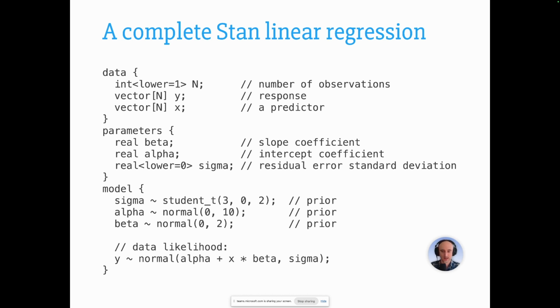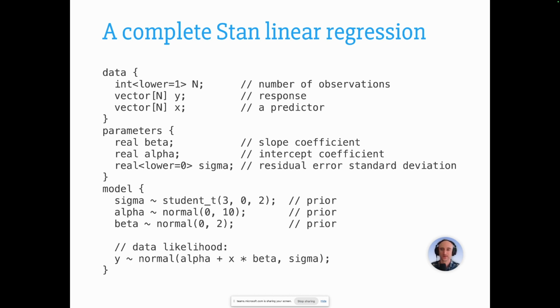And then I've got my data likelihood, and there I've got my response y, which is sampled from a normal density, kind of the equivalent of dnorm in R that you've seen before. Alpha the intercept plus my predictor x times my slope, observation error sigma. All of my lines have a semicolon after them because it's inspired sort of by C++ syntax. So that's a complete model.